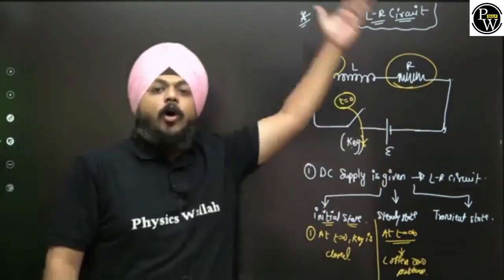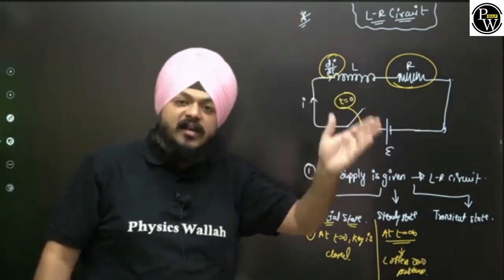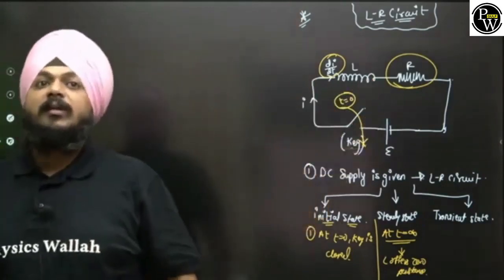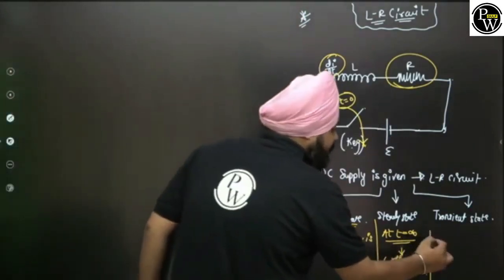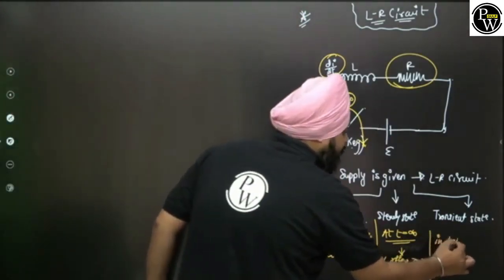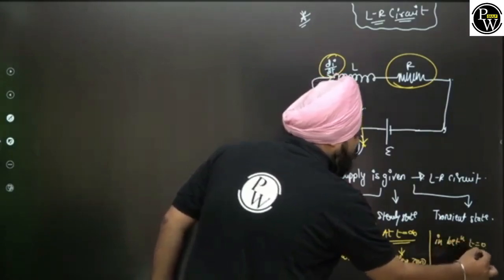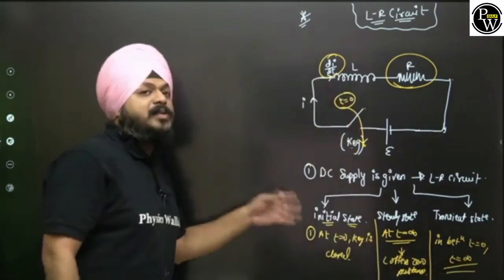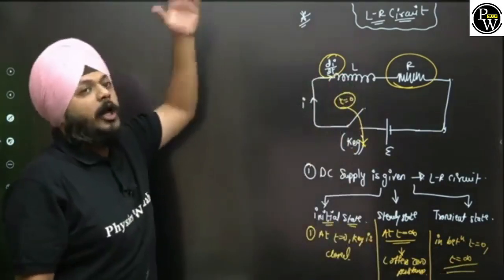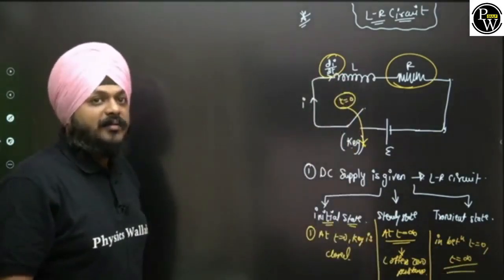After a very long time, only the resistor is active in the circuit. And the third state is the transient state. It is in between t is equal to 0 and t is equal to infinity.